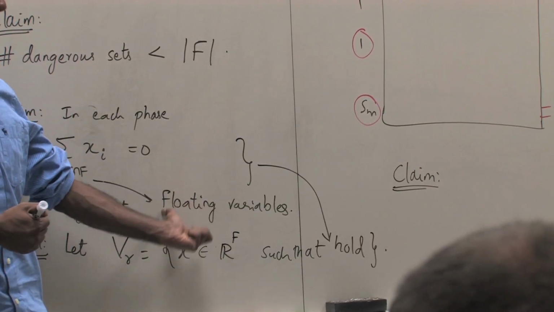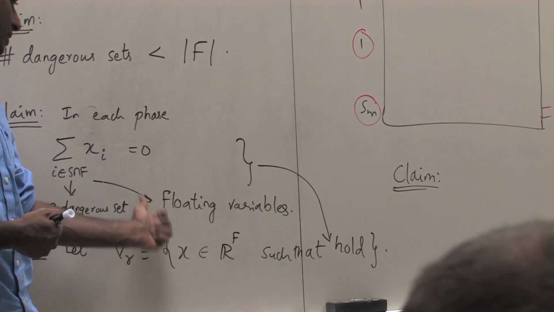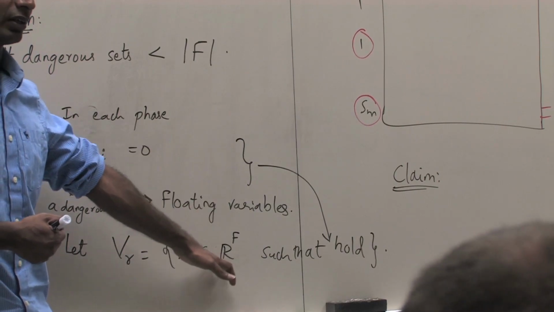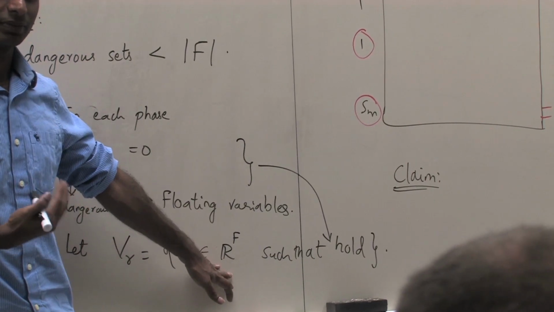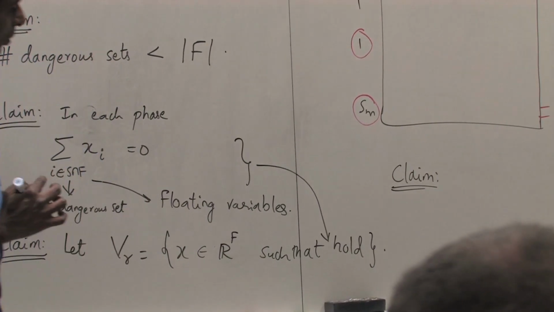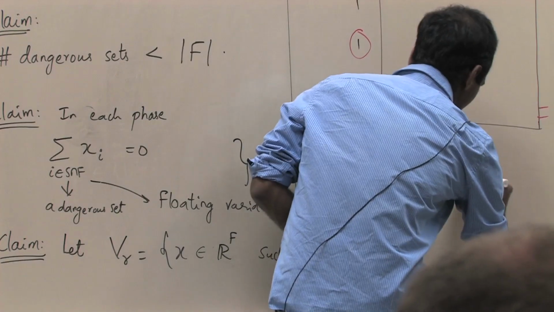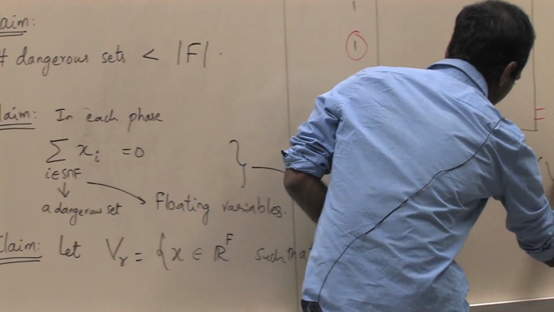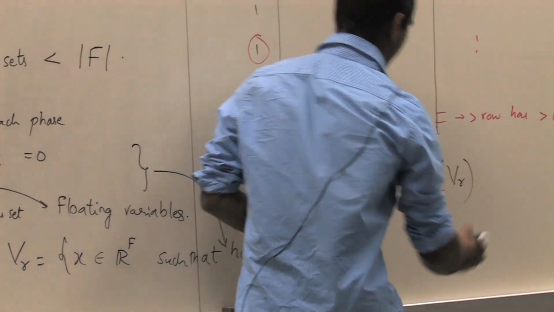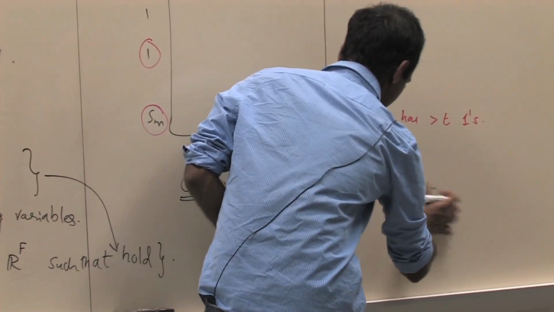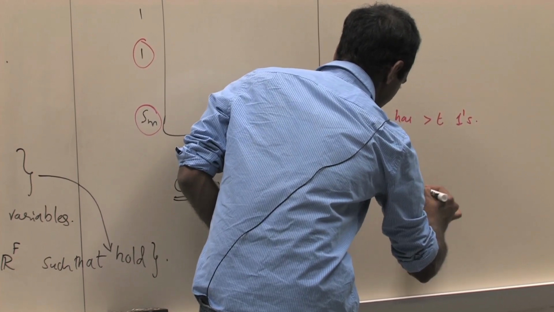Then VR is a subspace, because I'm just imposing some linear equations on the elements of all real valued vectors. Okay. So, this gives me a subspace, and I want to claim that the dimension of VR is greater than or equal to 1.